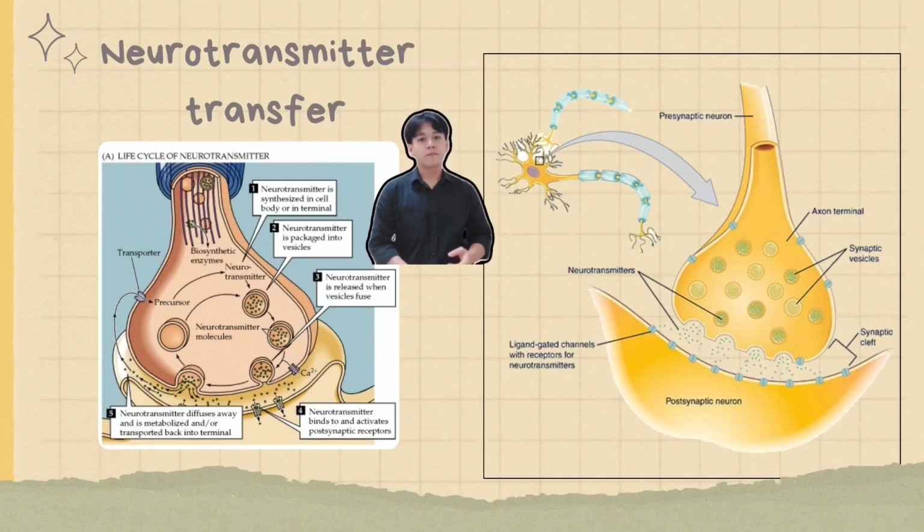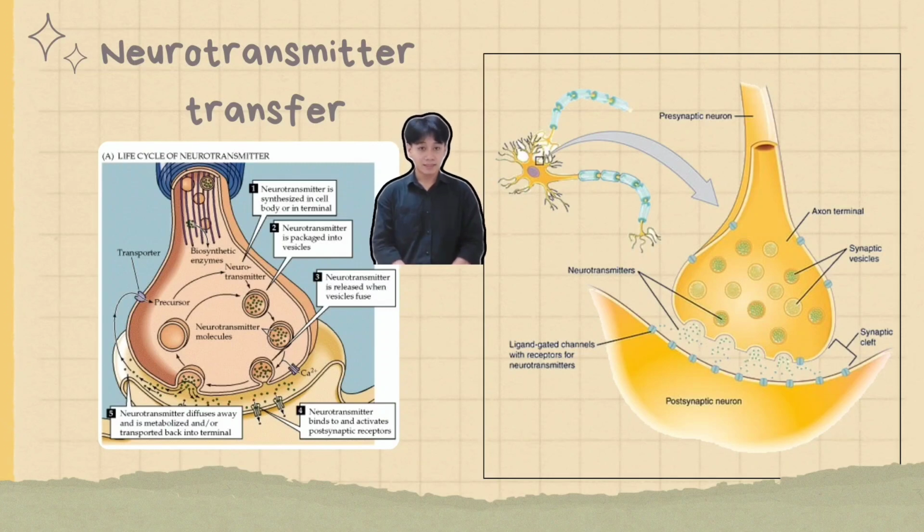And then the neurotransmitters will diffuse across the cleft and bind to specific receptors on the postsynaptic membrane, which may include ligand-gated ion channels or receptors. This binding will then initiate a series of events which can involve the opening of ion channels, alterations in membrane potentials, or the activation of intracellular signaling pathways.